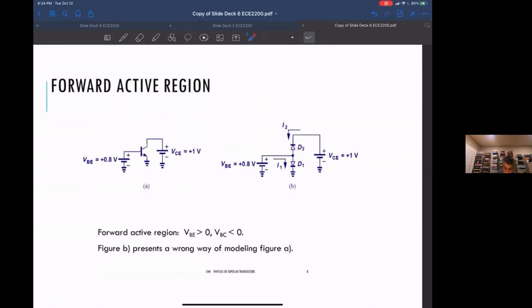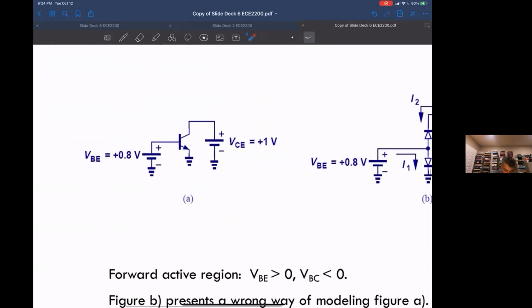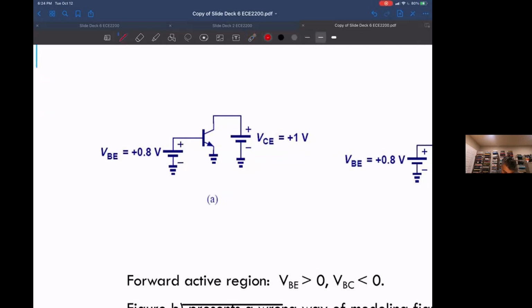We'll talk about one of the most useful operating regions of the bipolar transistor, called the forward active region. So what does that mean? You have these three nodes: the collector, the emitter, and the base.